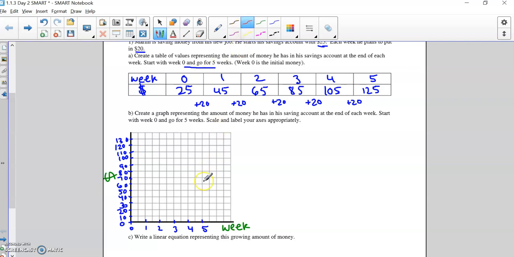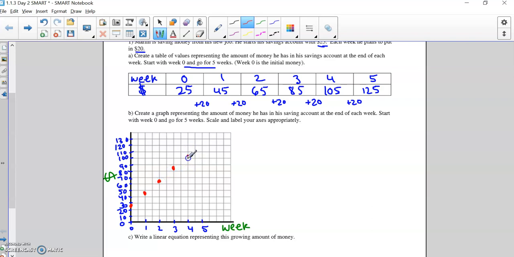Okay, so let's go ahead and plot our points now. Okay, at week 0, we had $25. So at 0, we'll plot 25, right between 20 and 30. At week 1, we had $45. So we'll go there. Week 2, we had 65. Week 3, we had 85.